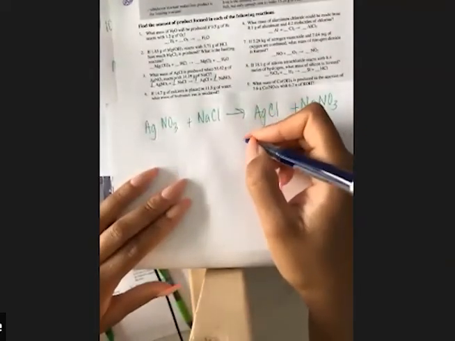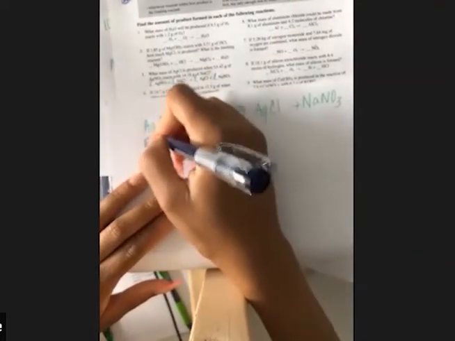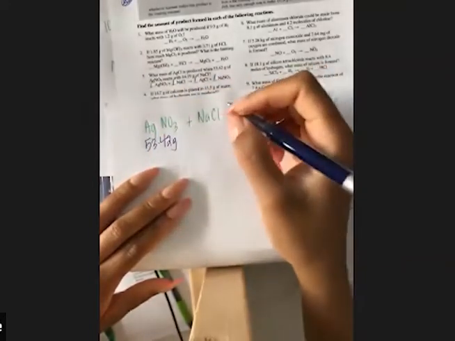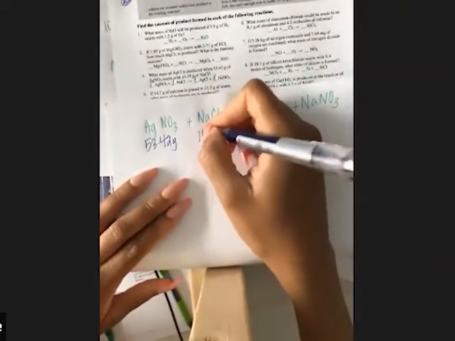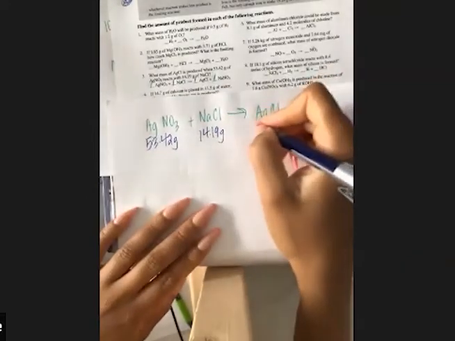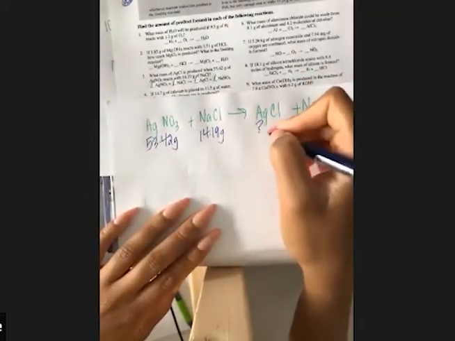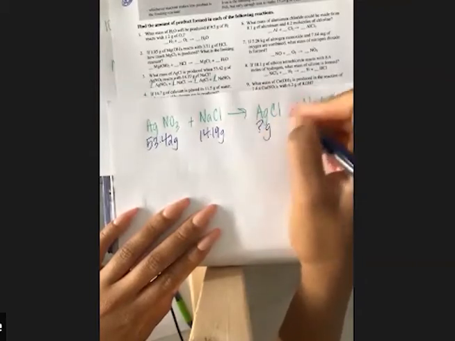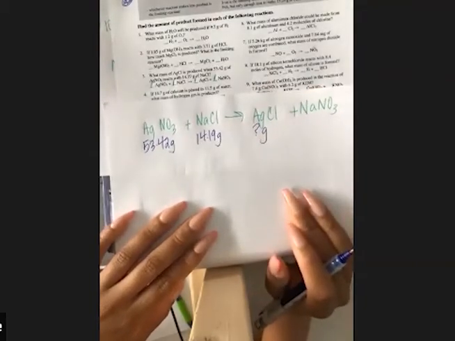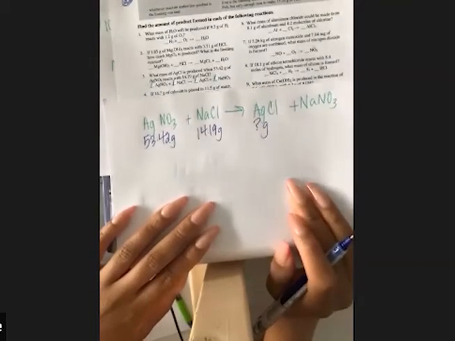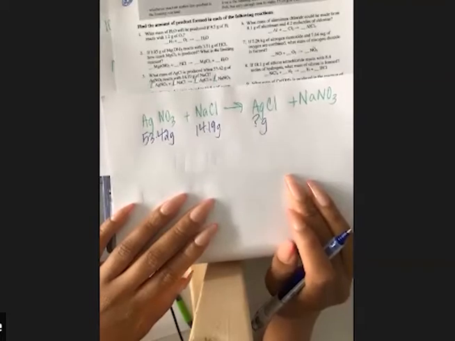The question's now saying, okay, if I start off with 53.42 grams of silver nitrate, and I mix it with 14.19 grams of the sodium chloride, how many grams? Because this one's asking for the mass. How many grams of silver chloride can I make? This is what number 3 is asking us.